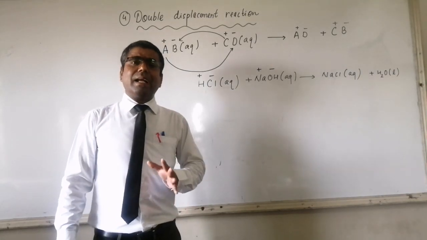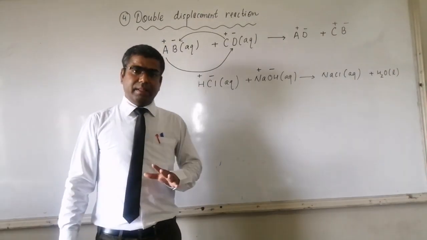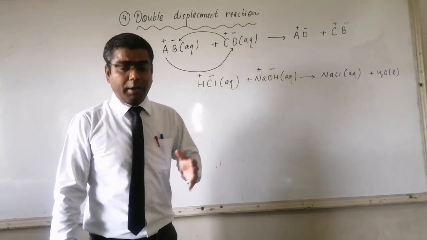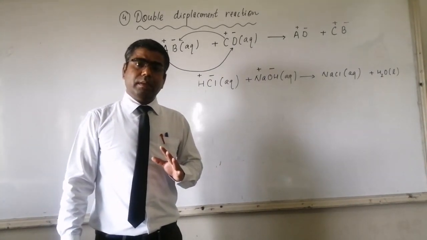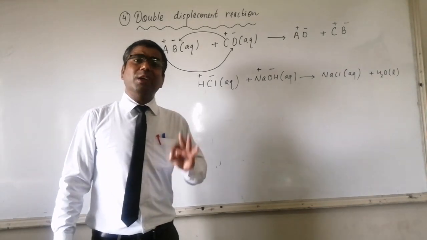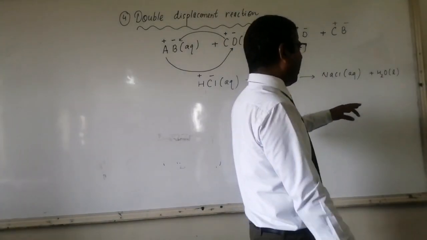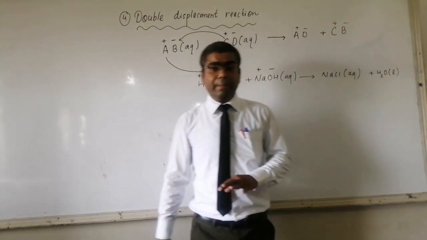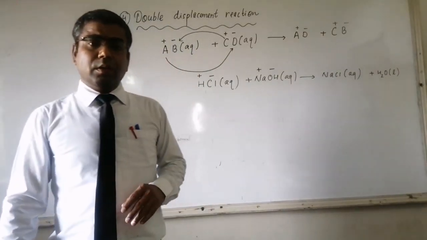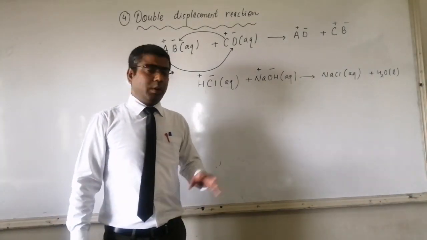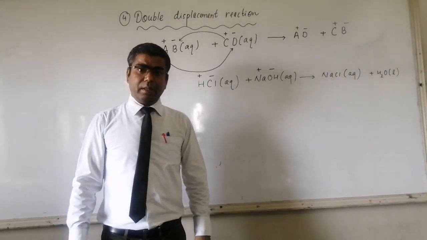When acids are made to react with bases, then we always get salt and water. The reaction is called neutralization reaction because a neutral compound, that is water, is formed in this chemical reaction. So neutralization reaction belongs to double displacement.